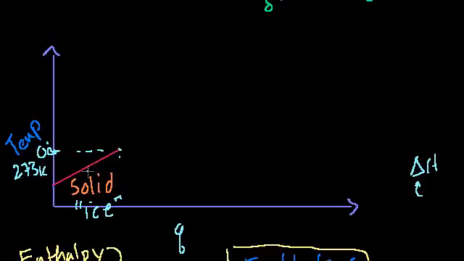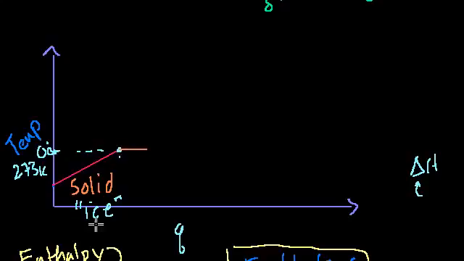But an interesting thing that happens is at 0 degrees, depending on what direction you're going, either the freezing point of water or the melting point of ice, something interesting happens. As I add more heat, the temperature does not go up for a little period. Let me draw that.